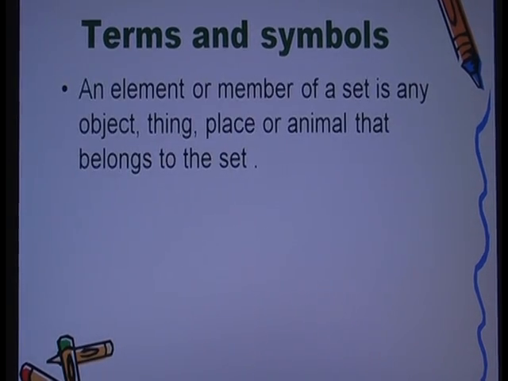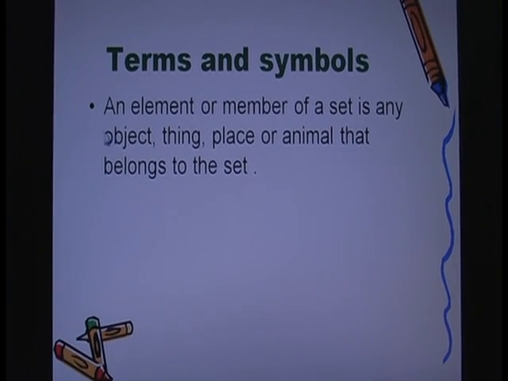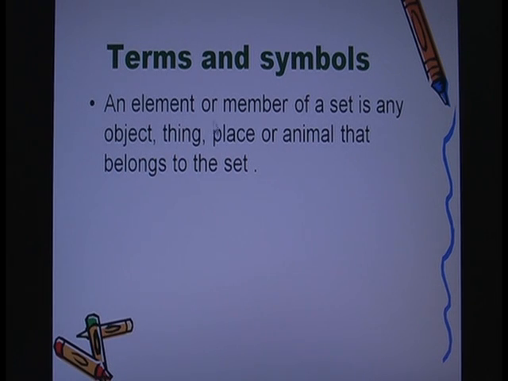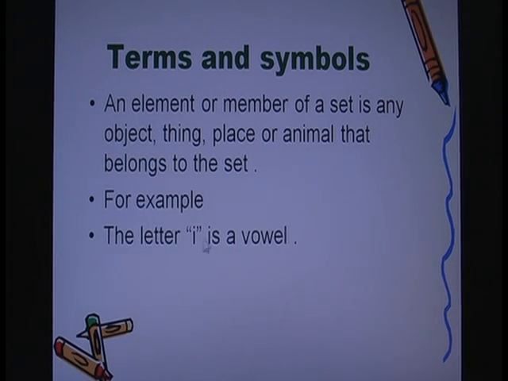Terms and symbols again. An element or member of a set is any object, thing, place, or animal that belongs to the set. For example, the letter I is a vowel.